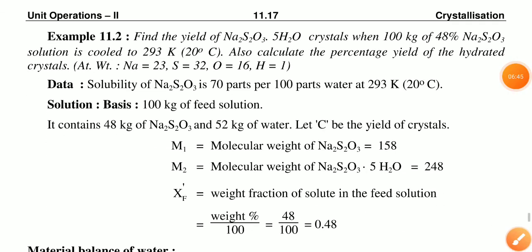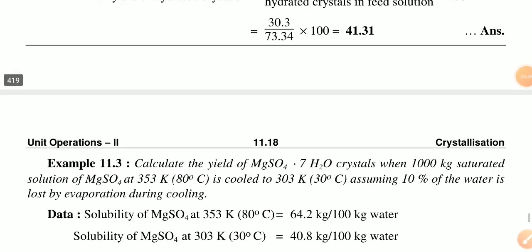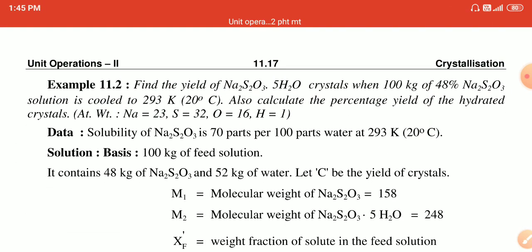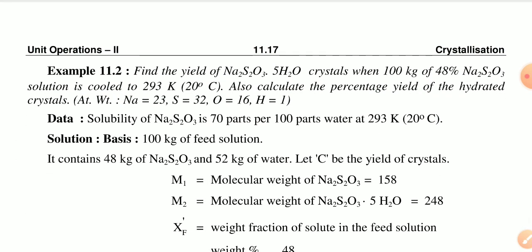Let us look at the second example. Find the yield of Na2S2O3.5H2O crystals when 100 kg of a 48% Na2S2O3 solution is cooled to 293 Kelvin, that is 20 degrees Celsius.